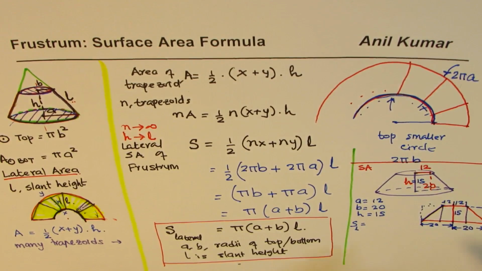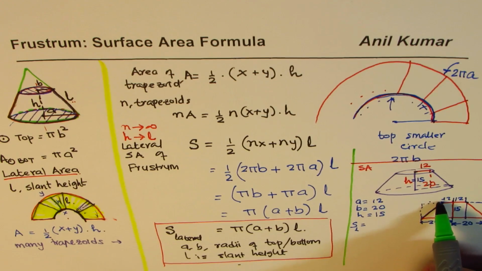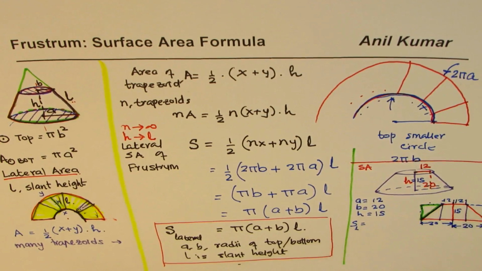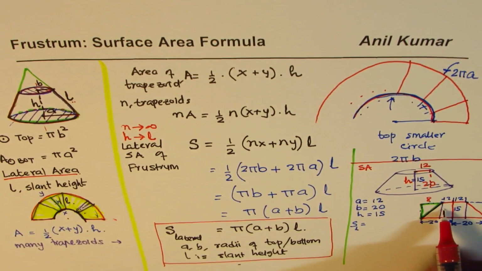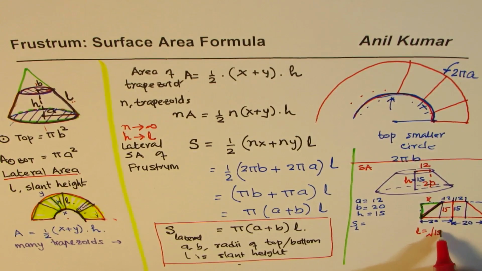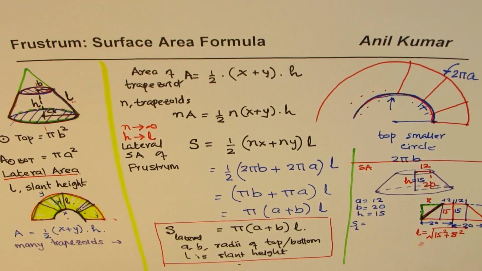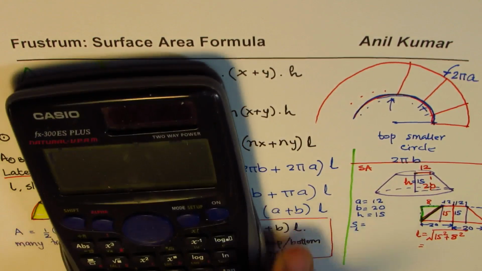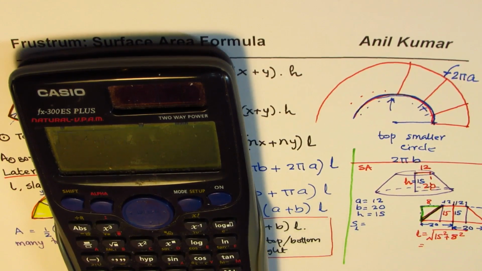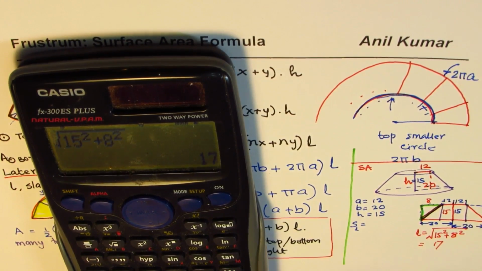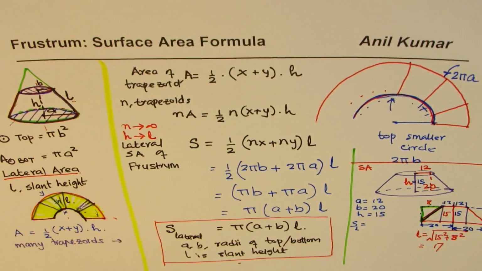So look at this triangle. In this triangle, 20 minus 12 is 8 and this is 15. So we can find L. L is equal to the square root of 15 squared plus 8 squared. Does it make sense to you? That is the square root of 15 squared plus 8 squared, which is equal to 17. Okay, so L is 17 for us.